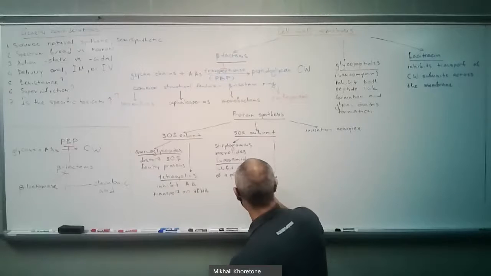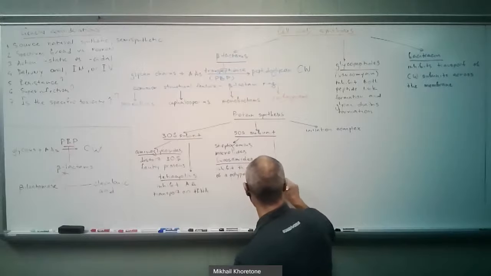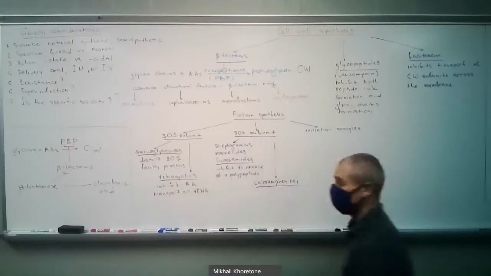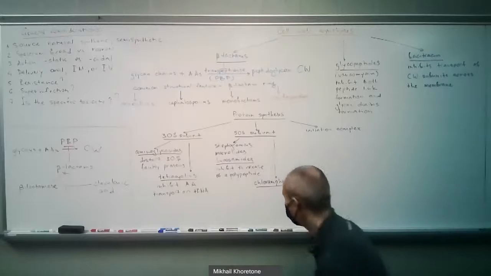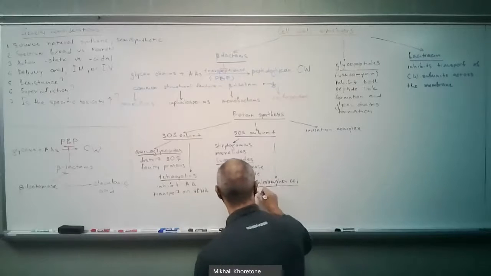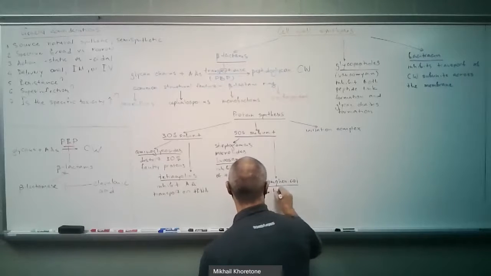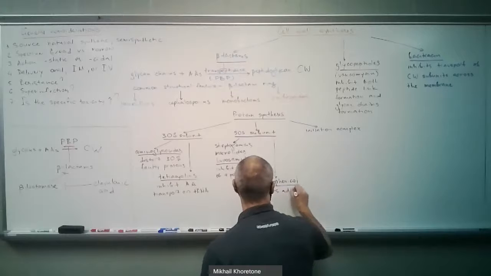Now, the second category here is one kind of generic name, chloramphenicol. So chloramphenicol inhibits addition of new amino acids.